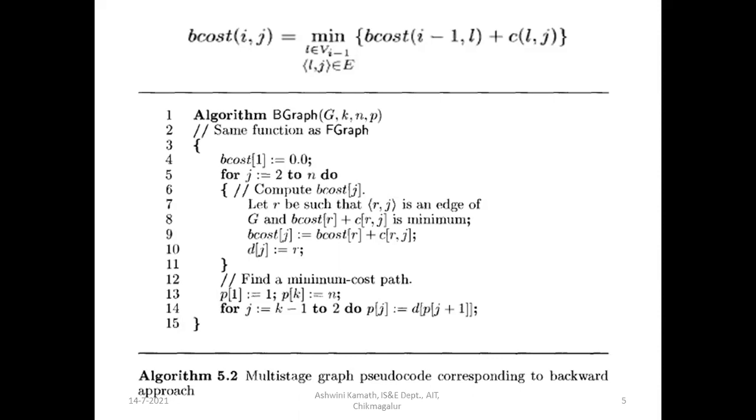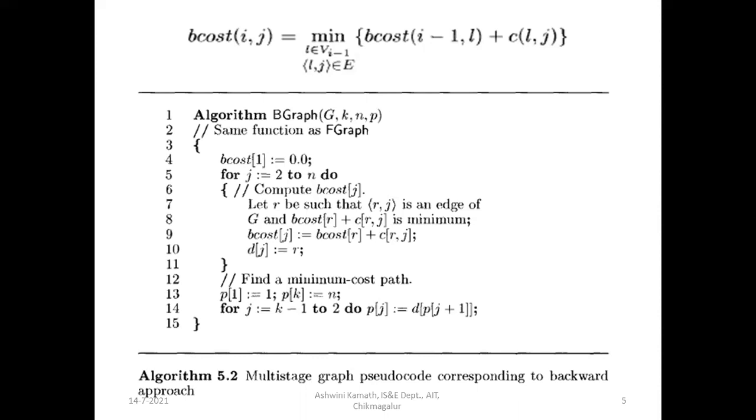But here we are writing for the source node. So B cost of 1 is equal to 0. For j is equal to 2 to n, since 1 we have already written, we consider from 2. For j is equal to 2 to n, do: we have to compute the value of B cost of j.